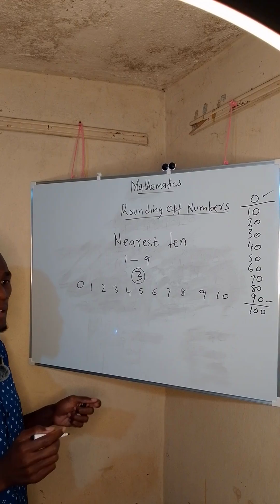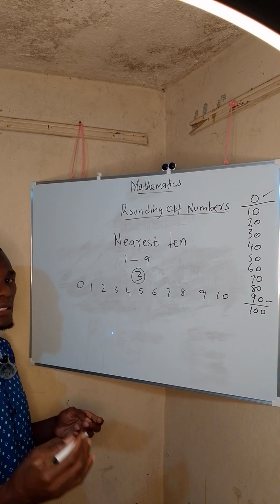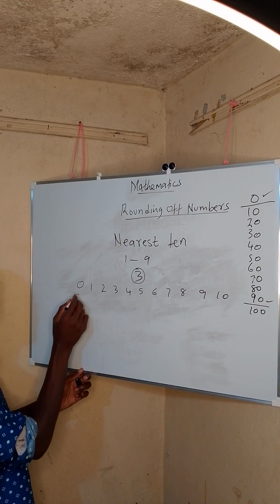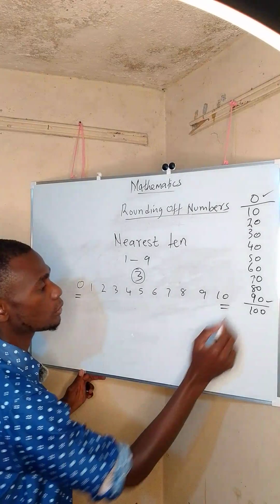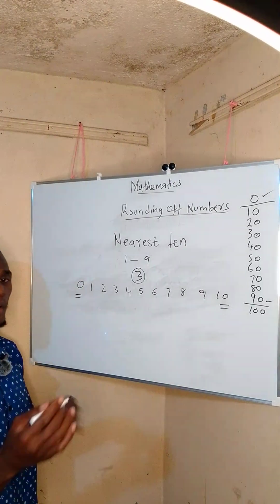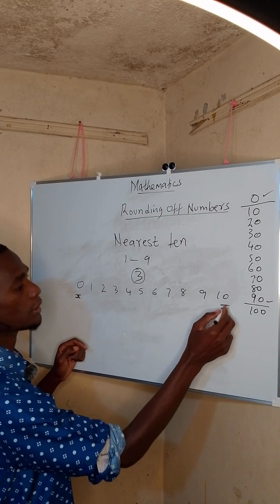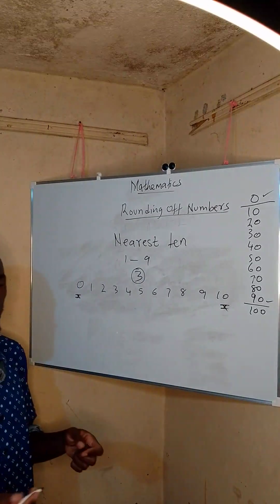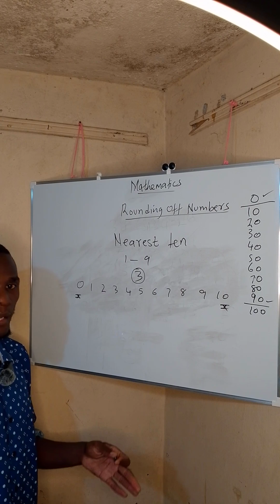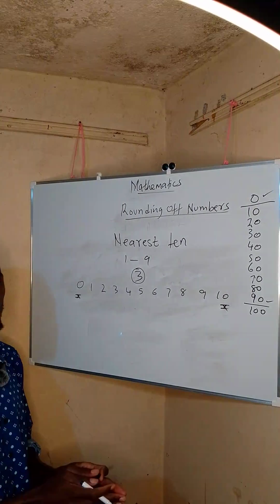After identifying that number, the answers of rounding off are always found at these two ends. The number is either next to 0 or next to 10, because in rounding off you are asked which number is next to the number you have been given.